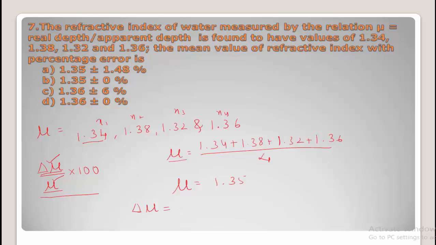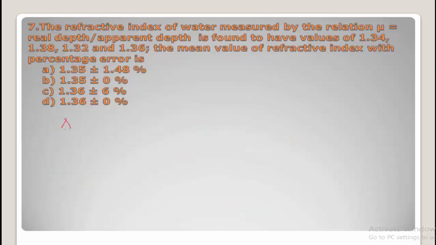Here individual measurements are these values. Now individual measurements minus the mean value. Okay, you have to take the magnitude. According to the definition, it is nothing but the magnitude of difference between individual measurements and the mean value. For this we have to take the individual measurements and their difference with respect to the mean value.